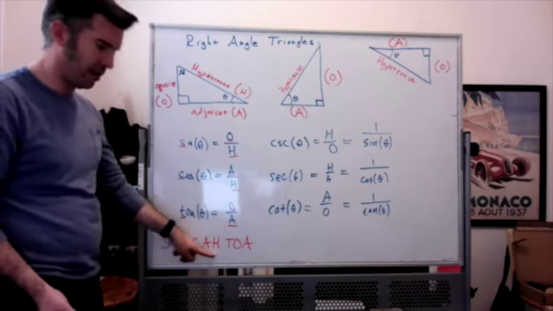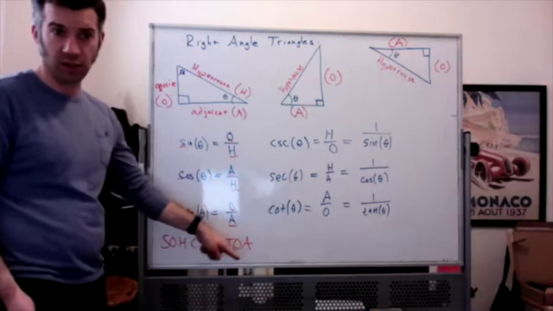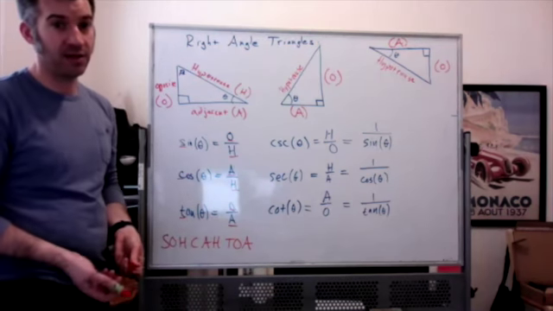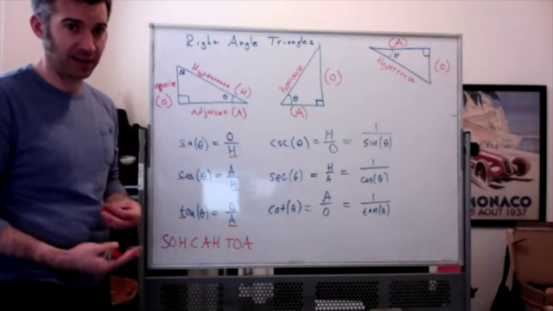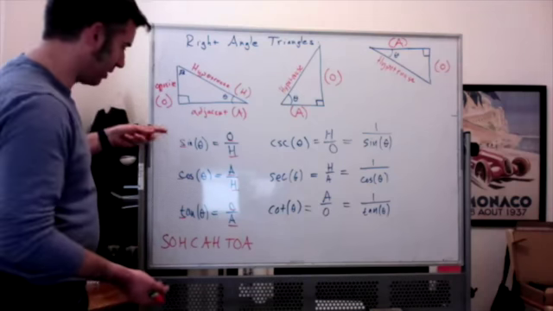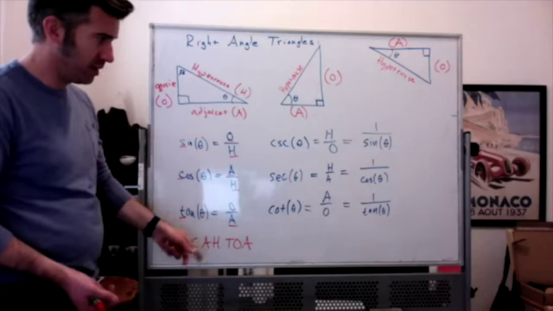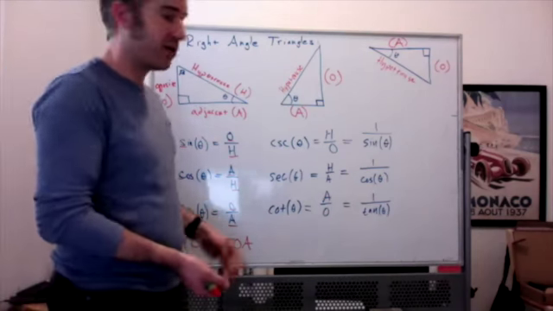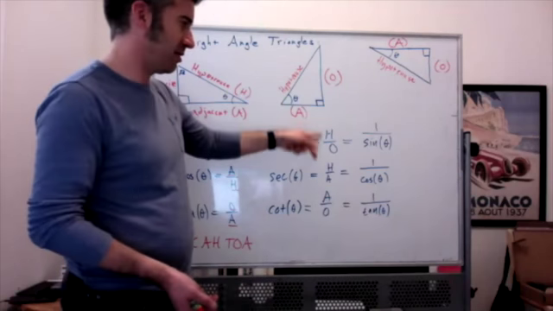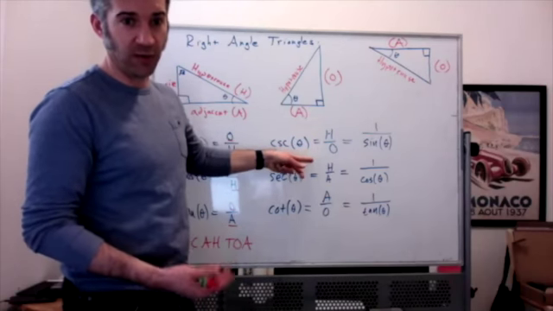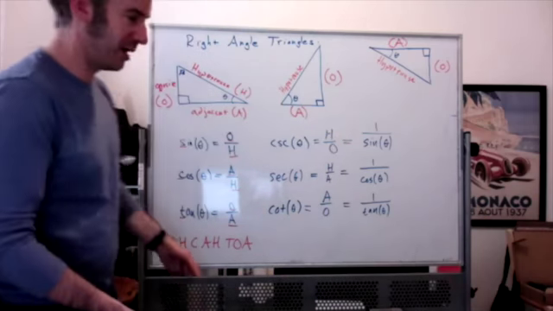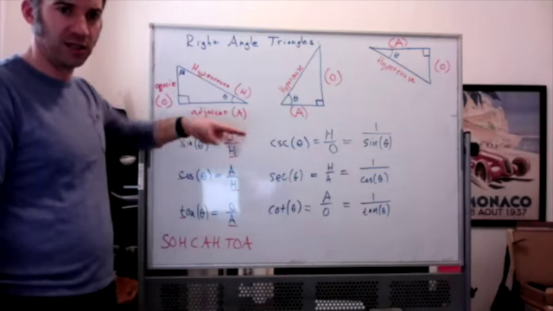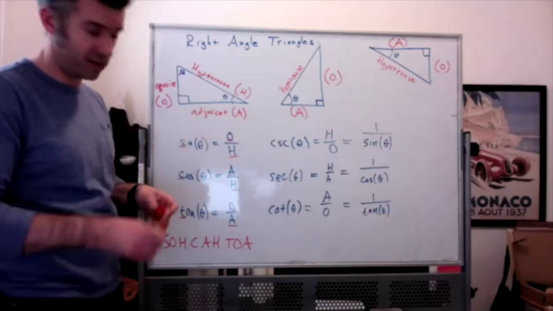Cosine is adjacent over hypotenuse. Tangent is opposite over adjacent. You definitely, for sure, need to memorize sine, cosine, and tangent, what they are. You need to memorize either that cosecant is hypotenuse over opposite, or preferably that cosecant is the reciprocal of sine. Then you'd be like, oh, I know sine is this, and I know cosecant is just the reciprocal with a flip of it.